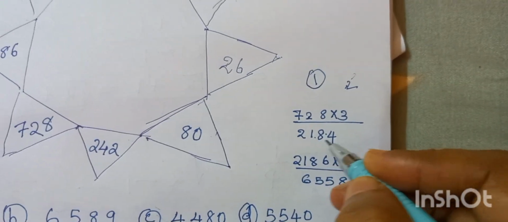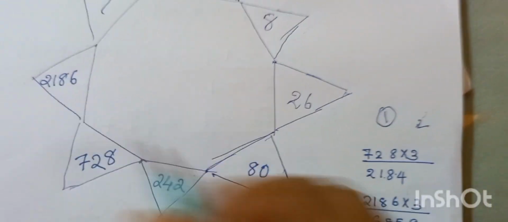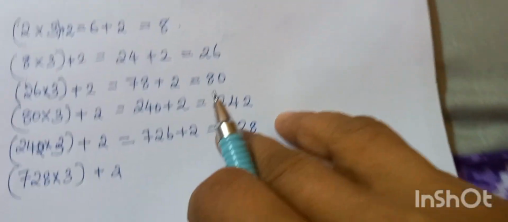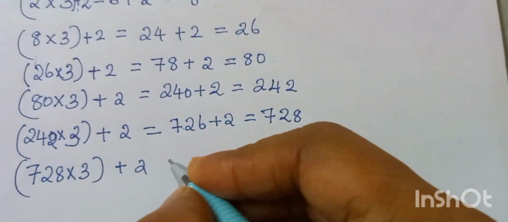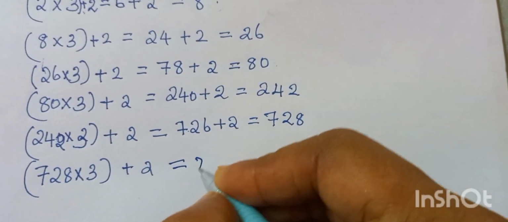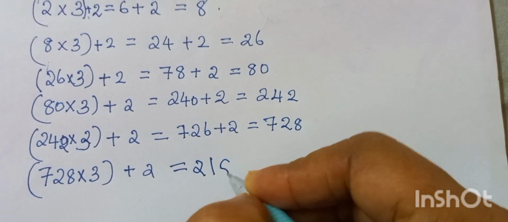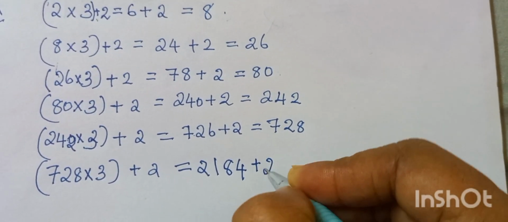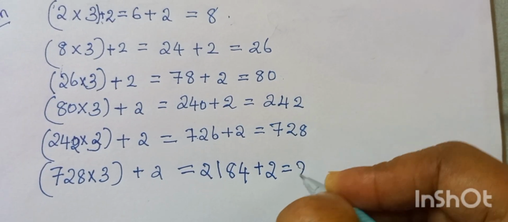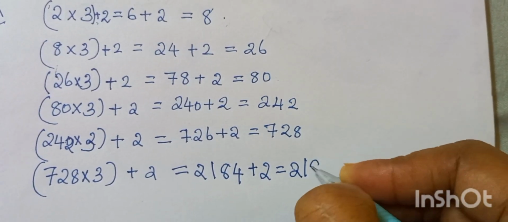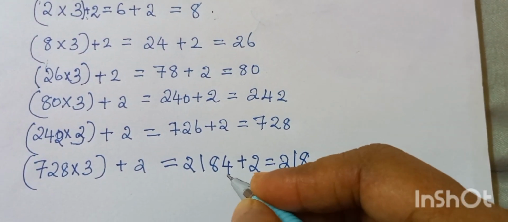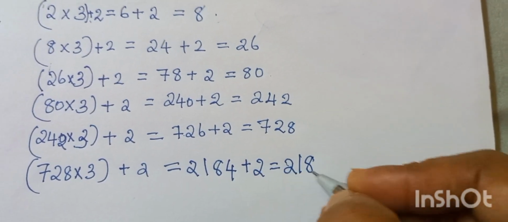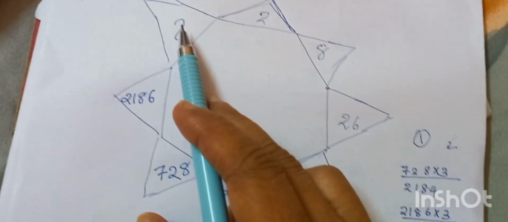So 2184 plus 2, which is equal to 2186. Next term we have to find.